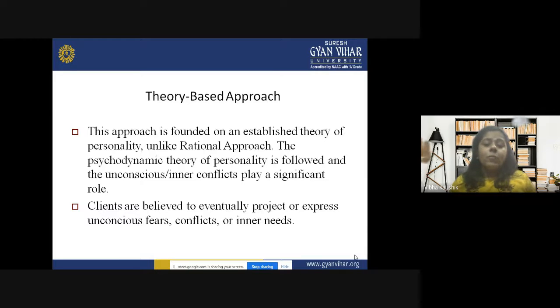Clients are believed to eventually project or express unconscious fears, conflicts, or inner needs. And when that personality inventory test was administered on the clients, it is believed that eventually the clients will project or express their unconscious fears, conflicts, or inner needs, which they will actually not project to someone.